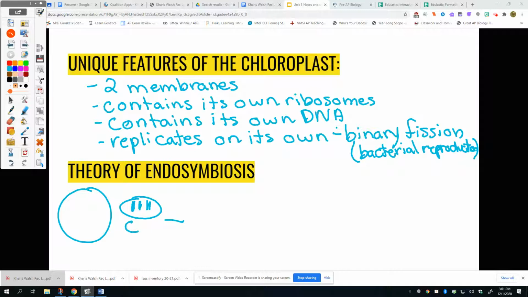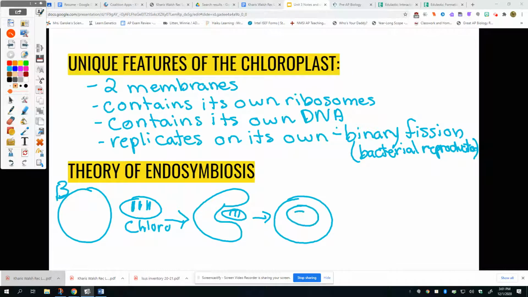So here's our chloroplast, here's our big cell, and what is believed to have happened is this big cell, through endocytosis, came and engulfed the chloroplast.